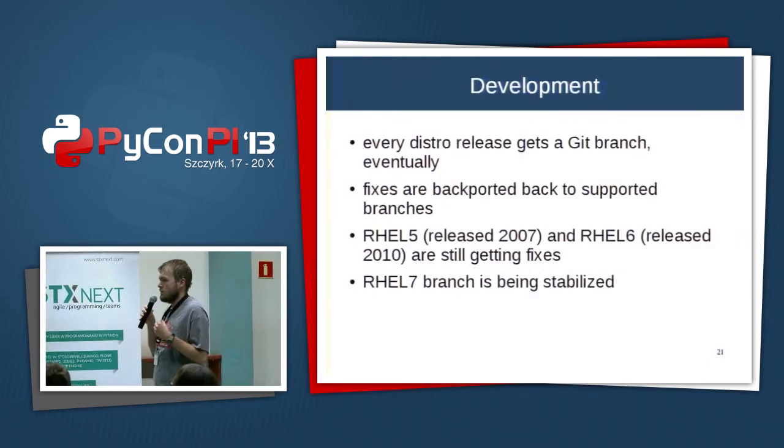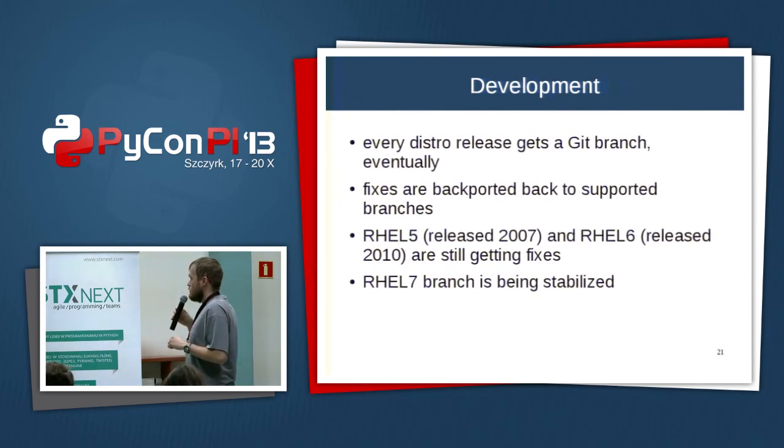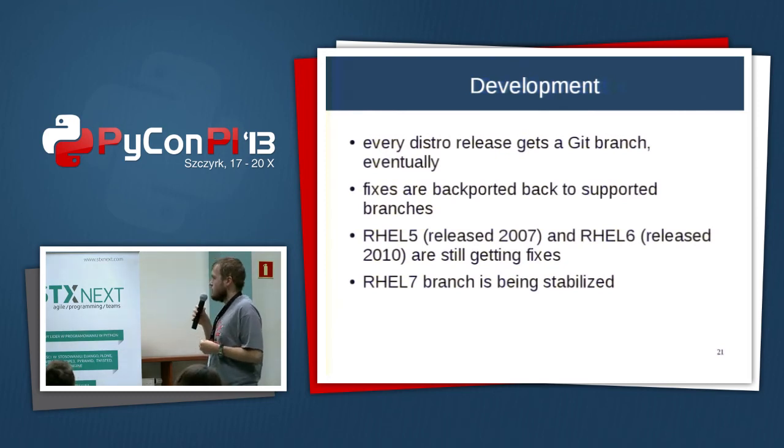Anaconda needs to support multiple distributions, Fedora and also Red Hat Enterprise Linux. Once such a distribution is released in a major version, we make a branch, and this branch is maintained and bug fixed as long as the distribution release is relevant.